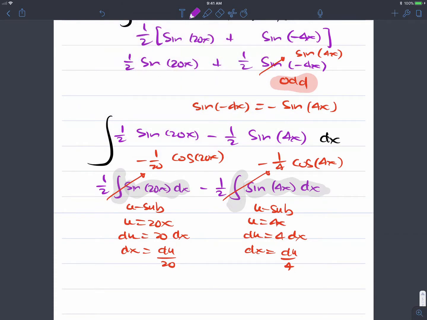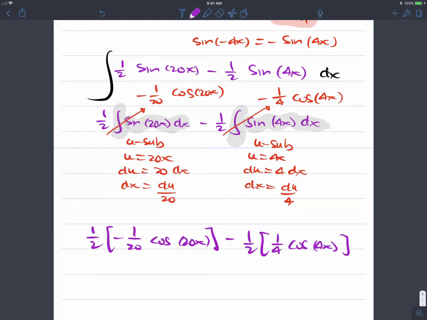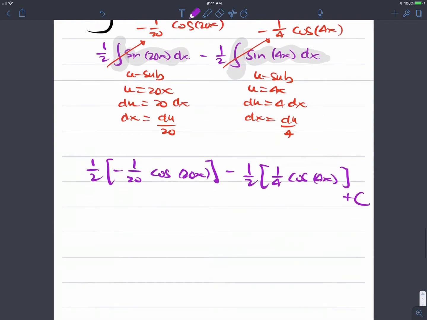So when I enter everything now here, let's be careful with our constants. I got 1/2 times negative 1 over 20 cosine 20x minus 1/2 times 1 over 4 cosine 4x. Don't forget to add your constant c.